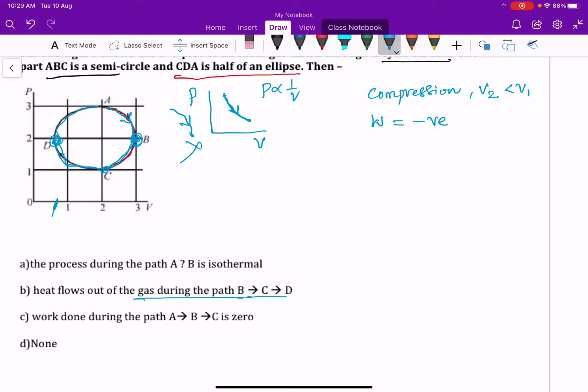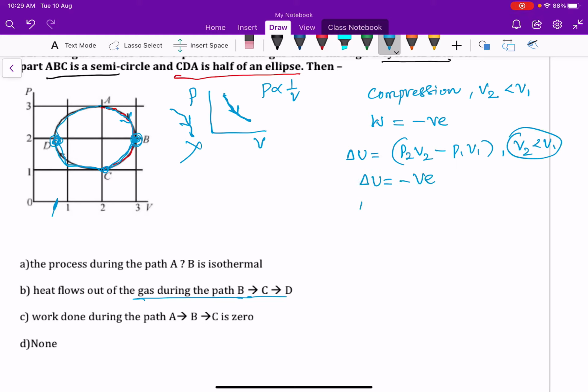Also, change in internal energy is nothing but P2 V2 minus P1 V1. Final pressure is the same, but final volume V2 is less than V1. So delta U is also negative.